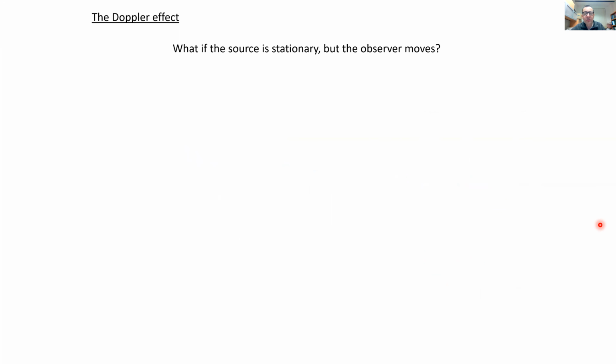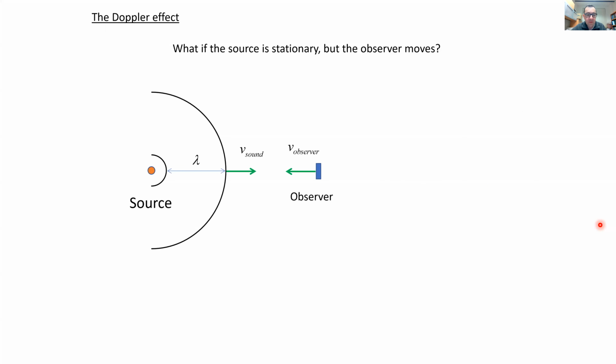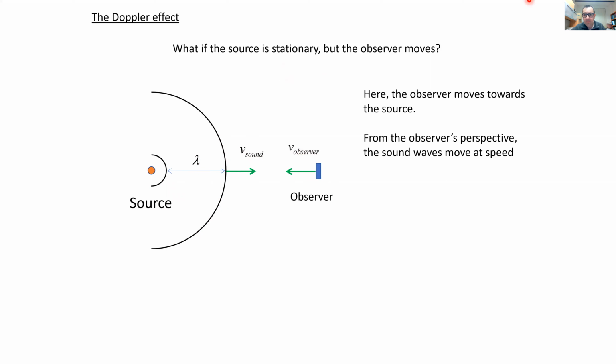What if the source is stationary, but the observer moves? So we have a little bit different argument for that case. Here's the picture. Source is stationary, emitting wave fronts with wavelength lambda. Speed of sound is the speed at which the wave fronts propagate. And now we have the observer moving. Let's say that it's moving towards the source with speed v observer. Right, so I'm assuming first that the observer moves towards the source.